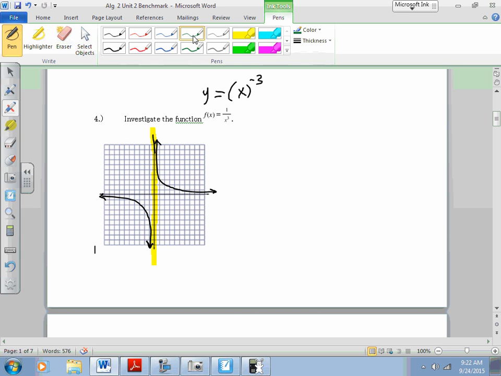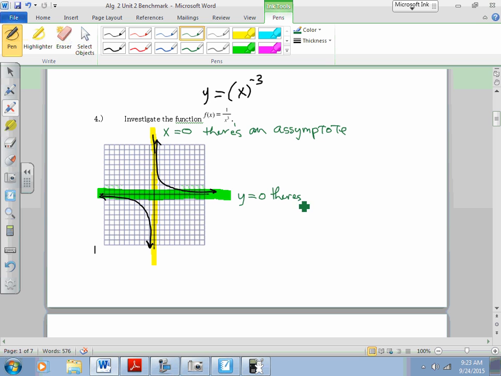Now you would state that when x is equal to 0, there's an asymptote. When y is equal to 0, there's also an asymptote. When y is equal to 0, there's an asymptote there.